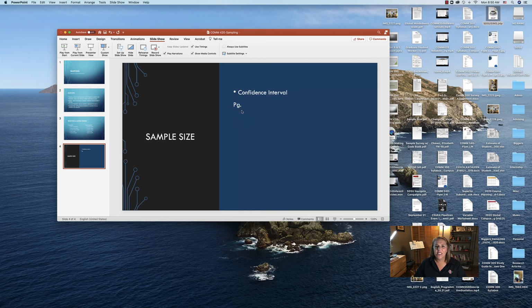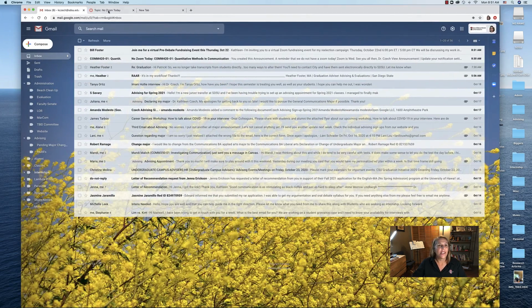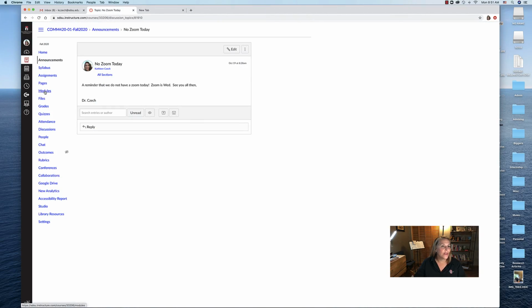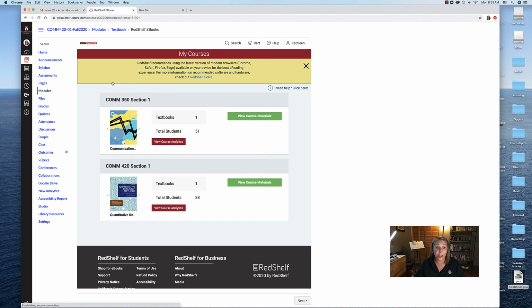I had put this slide up about the sample size and the confidence interval, and I want to go back real quick. So I'm actually going to go into the textbook again right here.